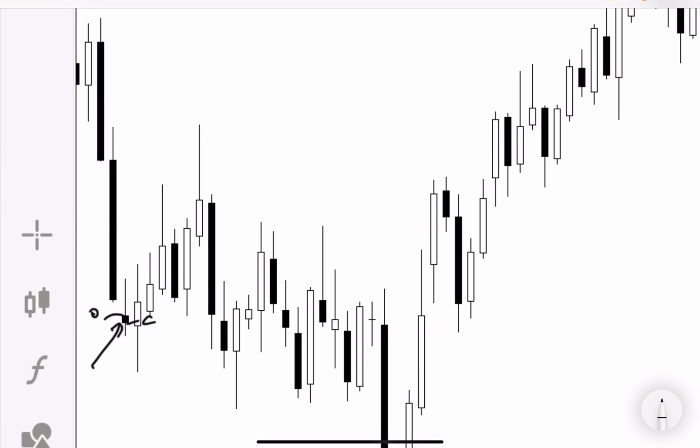And if you are in a short position, you must be careful that this trend may end because this is showing that the price is in indecision. So further price development is certainly going to depend on any further fundamental or economic factor. So this is about the spinning top.